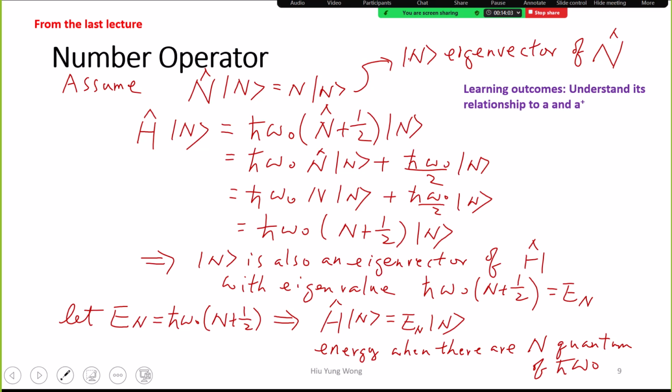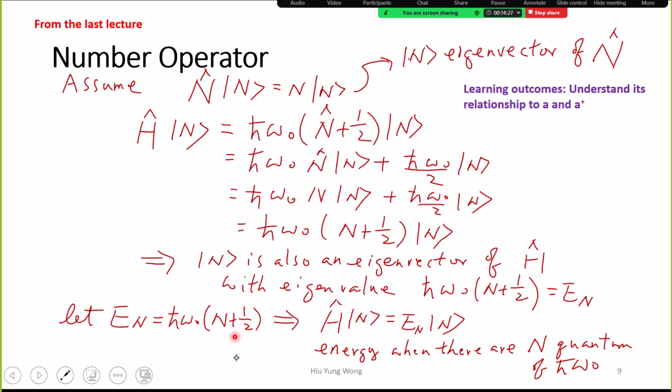Now, maybe still confusing, but let's just take it for granted. We say, okay, the amount of energy for a simple harmonic oscillator is just h bar omega times capital N plus half. We prove it, and we show that it is consistent from every aspect, because if I apply the Hamiltonian, I do get this as the energy.